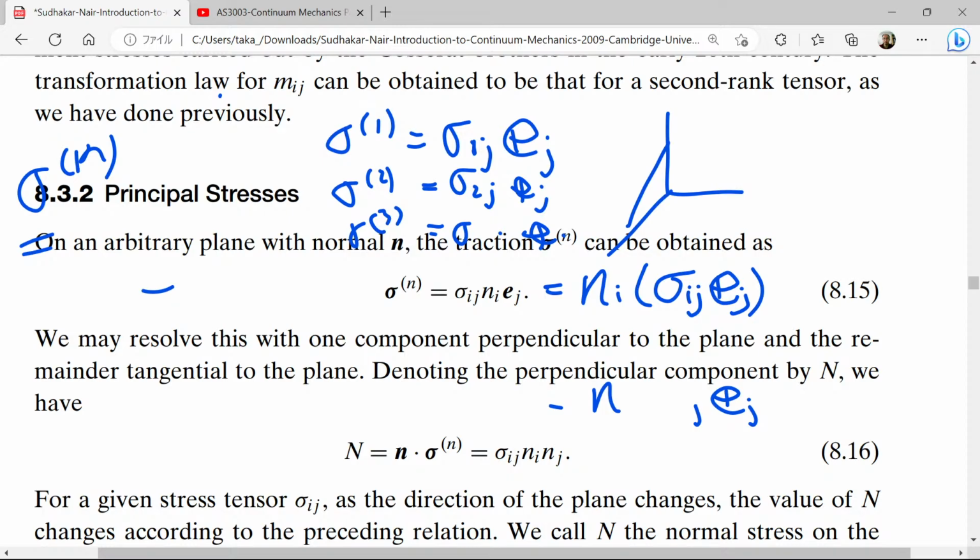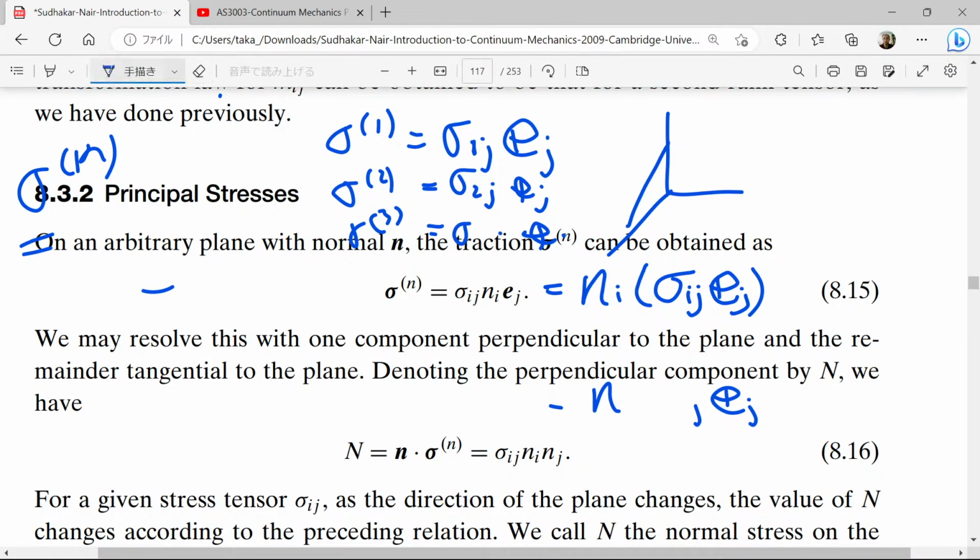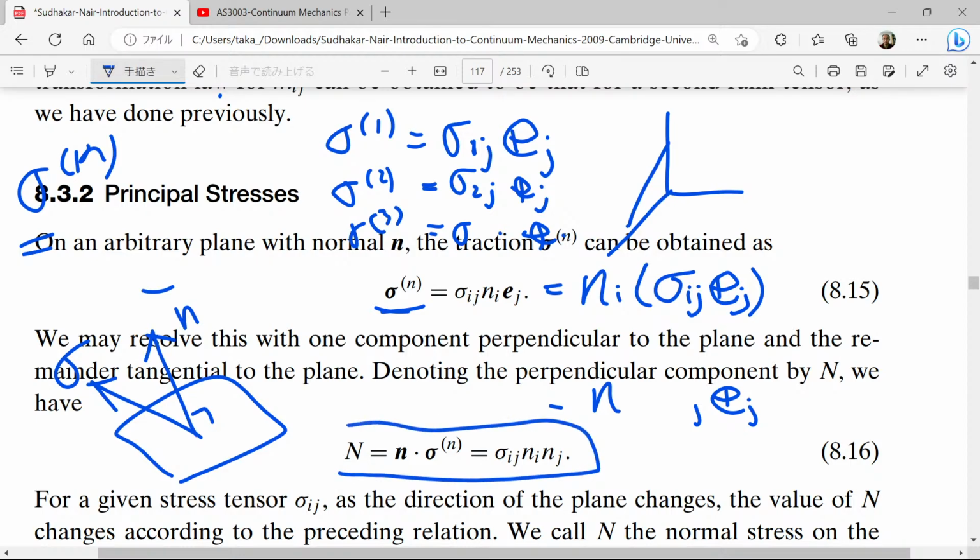If you have some plane, there is a perpendicular direction which is normal, and you have a sigma direction. So you can resolve this sigma vector into perpendicular. So this is the perpendicular part. You multiply n.